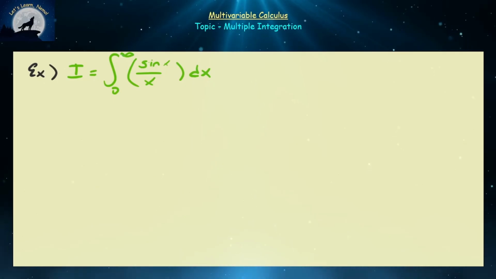So up to this stage, we know how to do double integrals over rectangular domains. That's the easiest of them all. And we also know how to do double integration over other domains where y depends on x or x depends on y, or vice versa.